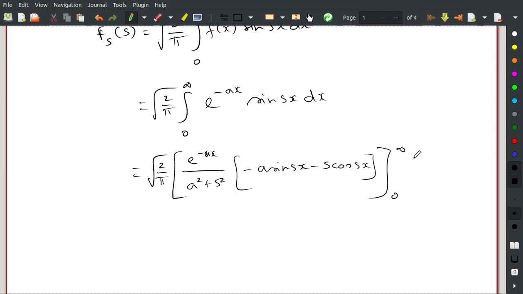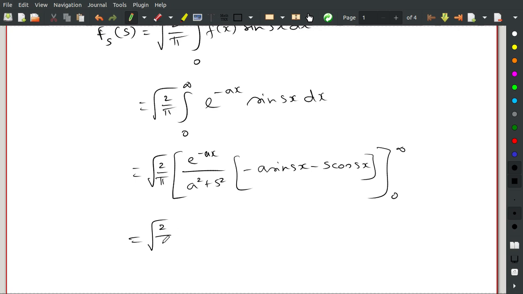Upon substitution of the limits, for the upper limit e power minus infinity is 0, so we are left with only the lower limit.